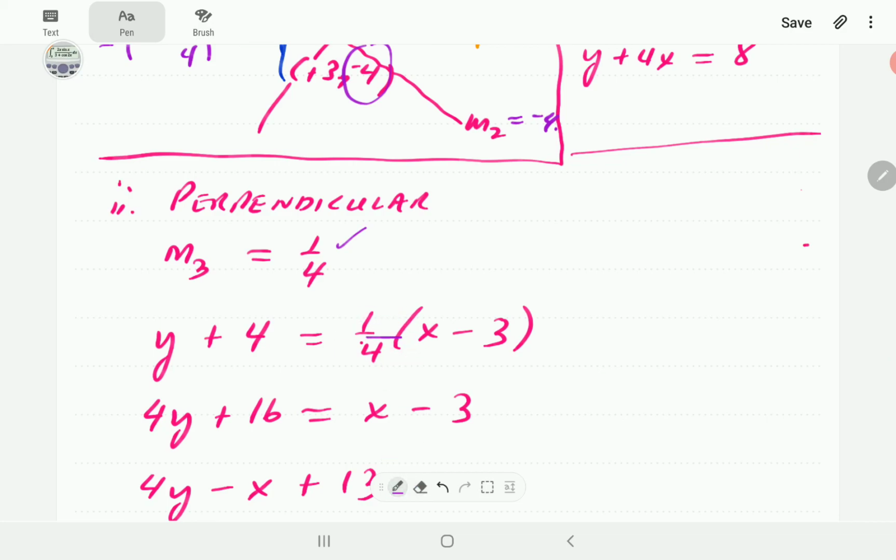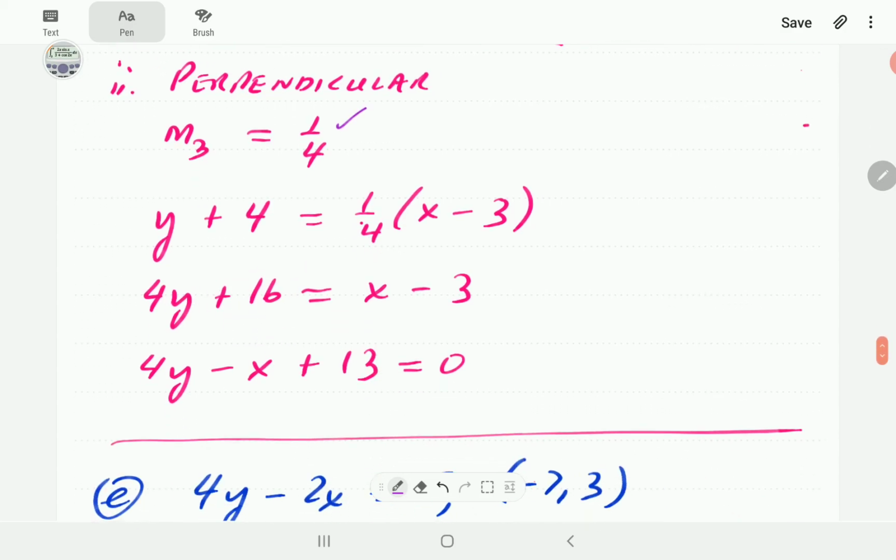And then if we multiply through by the 4 to clear the fractions, the final equation becomes 4y minus x plus 13 equal to 0. It doesn't look very correct. This should be plus 19.